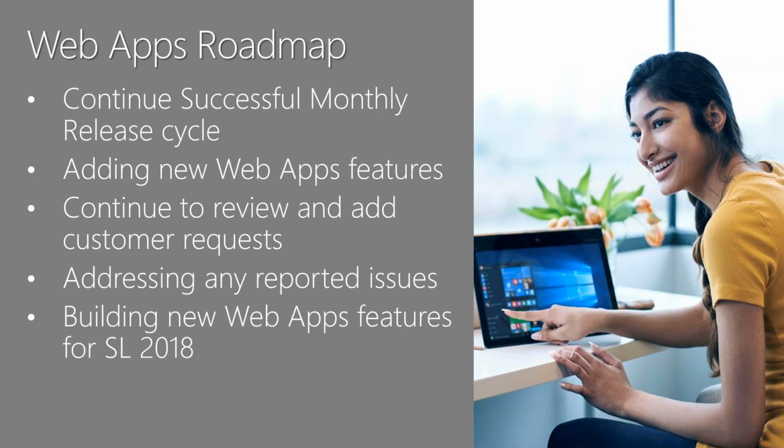That's because we're going into this whole agile model where we're able to do sprints, work on things, get them done, put them out the door, get them tested, and then go on to the next set of things that we need to work on. So that has been very, very successful. We've added a lot of new web apps features. We're continuing to get new web apps customer requests, and we're able to address them, so we're continuing to work on them.